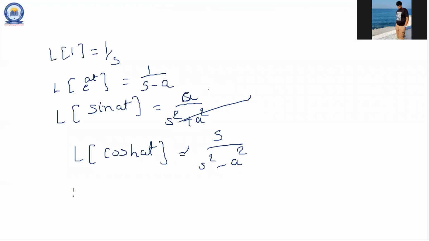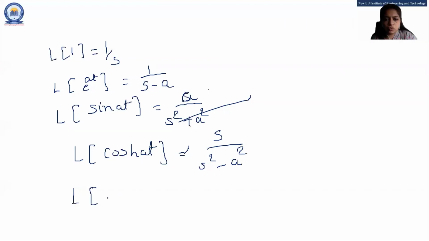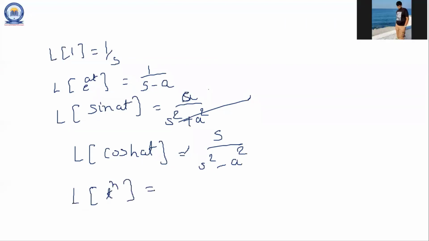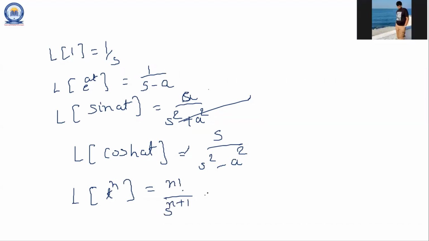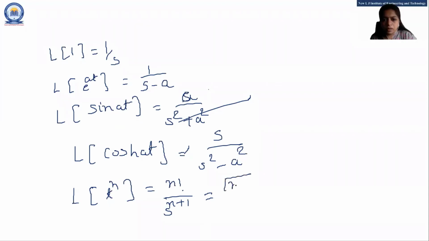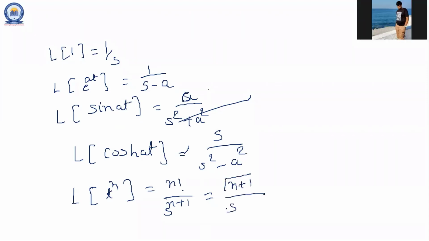And the last one, what about the Laplace of t raised to n? n factorial upon s raised to n plus 1. This is when our n is a whole number, an integer. But if our n is a fraction, then what? Gamma function of n plus 1 upon s raised to n plus 1. Very good. Thank you so much.